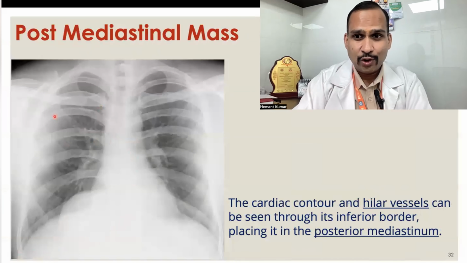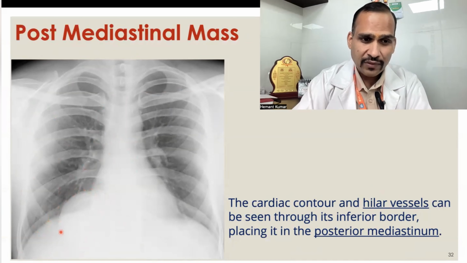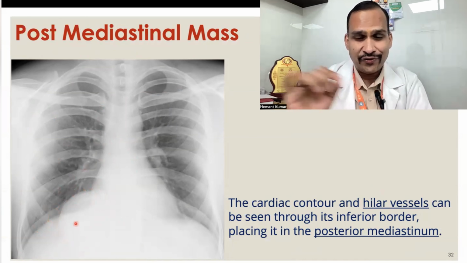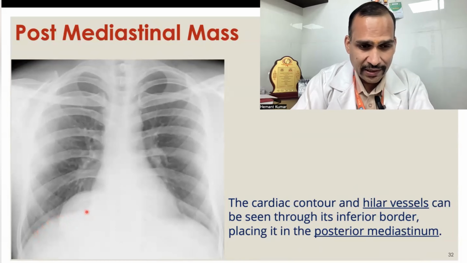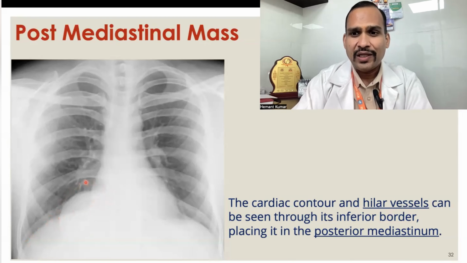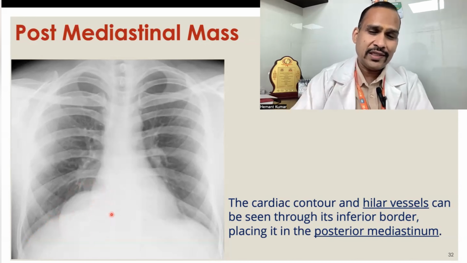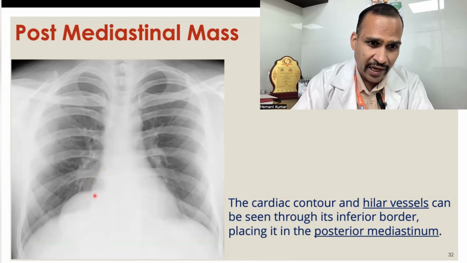Now see this opacity carefully. So this is an opacity. This is not elevation of the diaphragm, because we can see the diaphragm. We can appreciate the diaphragm medial part, and this is the lateral part. Now you can see that this mass is not silhouetting the right cardiac border.